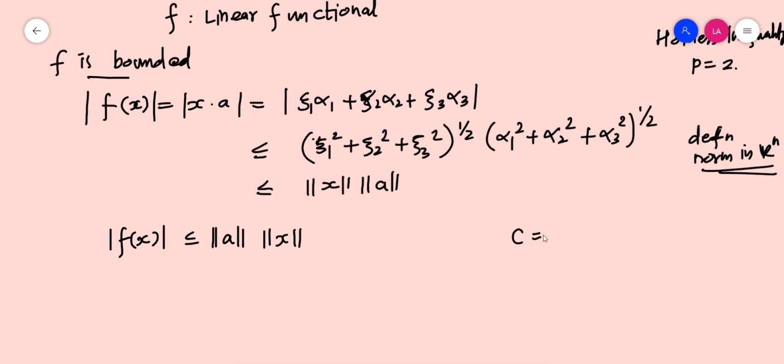Here C is taken as norm a, which is a fixed positive number, since a is fixed. So from this it is clear that f is bounded.